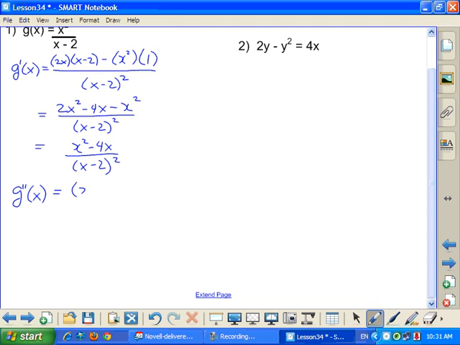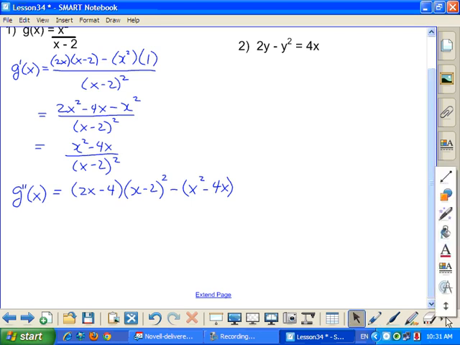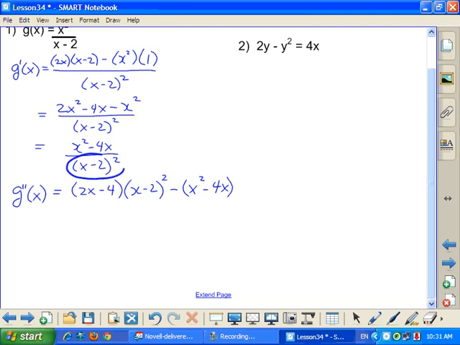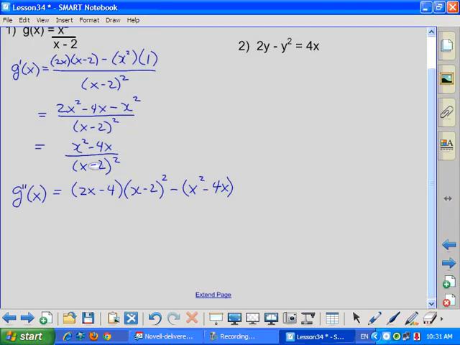Derivative of the top, 2x minus 4, multiplied by the bottom function, minus the top function. And now you have to take the derivative of the bottom function. That bottom function is now a power outside those brackets, so we have to use the chain rule.